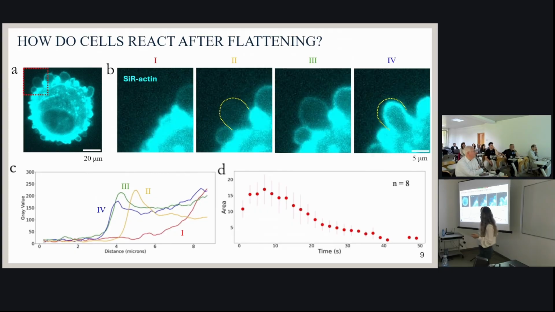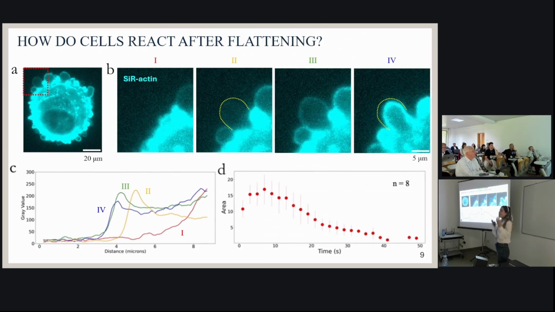If we zoom in on one of these blebs, interestingly we found in all the cases that we studied that these blebs appear in a region of cortical detachment. After the bleb appears, actin is recruited to this region, and after a period of time, the cells start to contract, as we can see, representatively, in this graph. This is only to show you that the time when actin is recruited is much shorter compared with the remaining time that the cell is contracting.